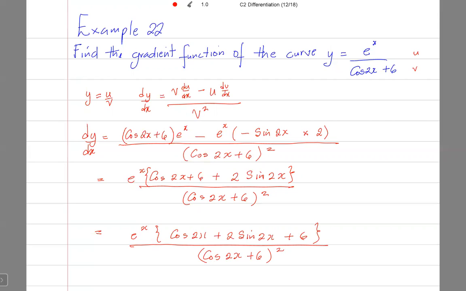So that is what I would get for example 22. That is where I would leave it. Now let us have a look at example 23.